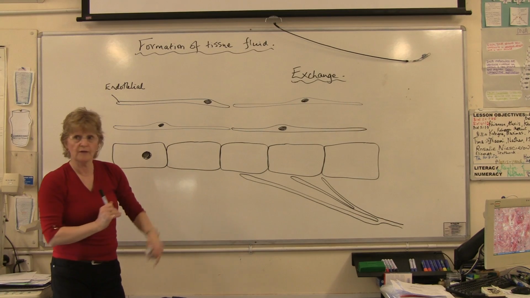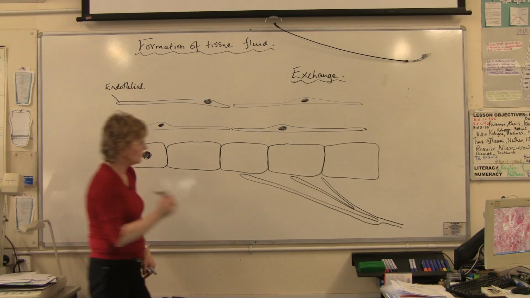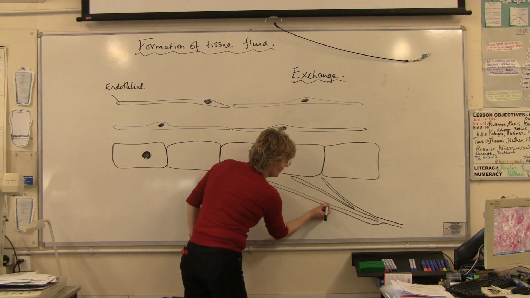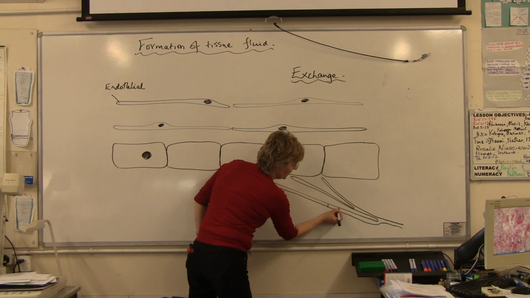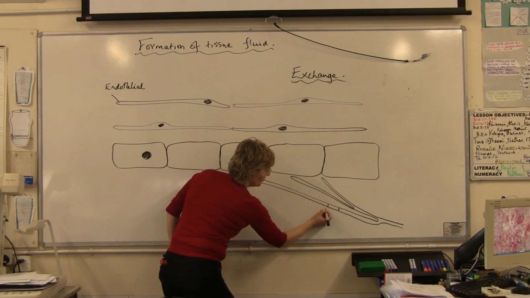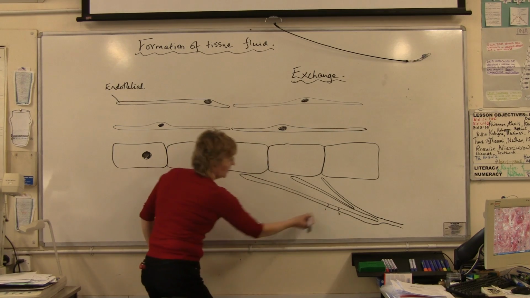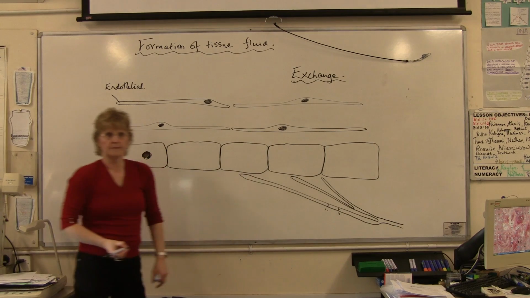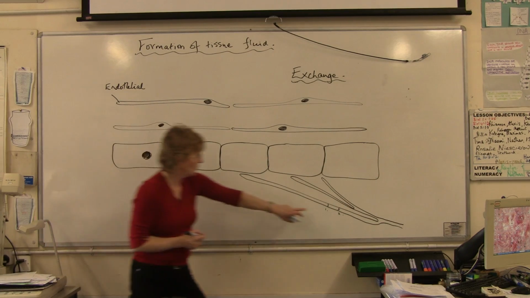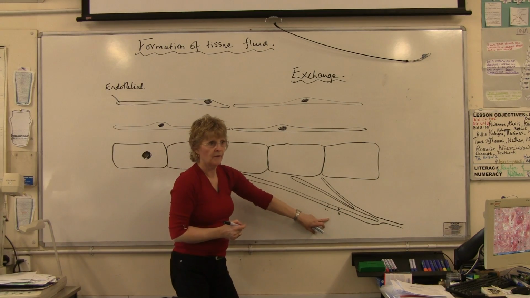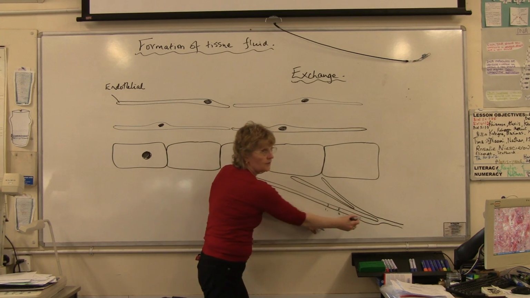What way should I draw the valve? I'll give you two options. You can tell me which one's right. I could draw the valve like that, or I could draw the valve like that. So which one is right? 1 or 2, and why? Kai. Number 2. Because you want it to drain from in.